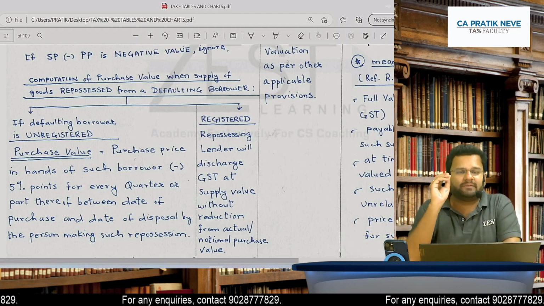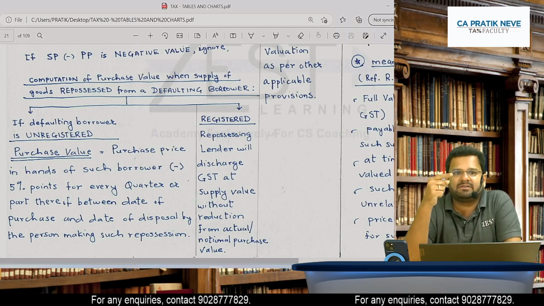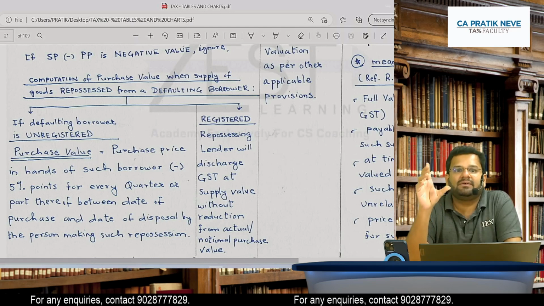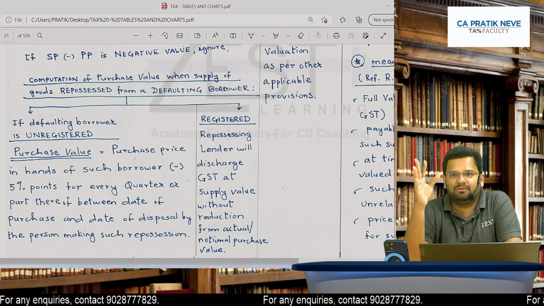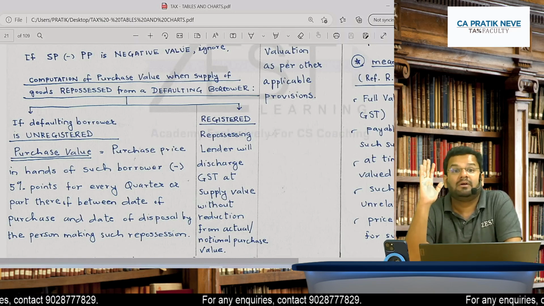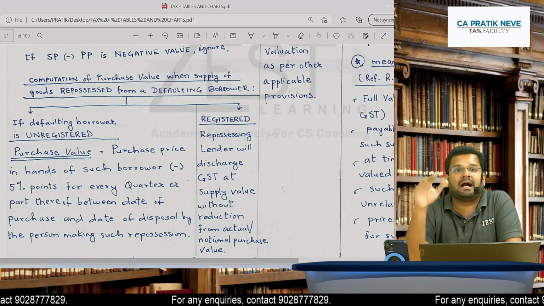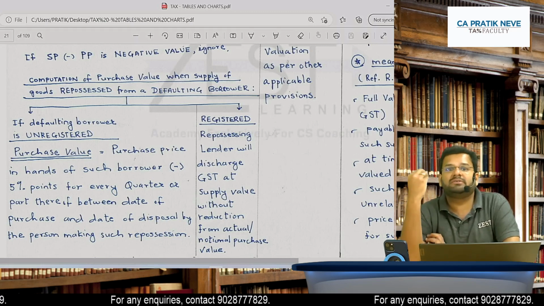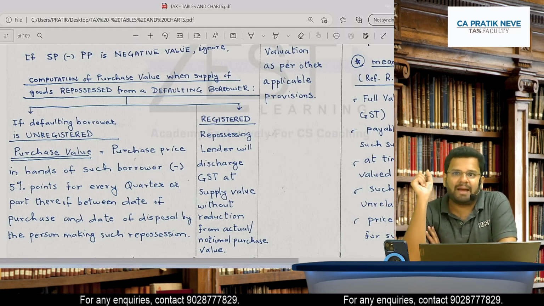See, basic will remain same. Sale price minus purchase price. What has happened is, bank gave you loan. Bank gave individual a loan, so that person purchased the car using that loan amount, but he could not repay the EMI. So what bank did?